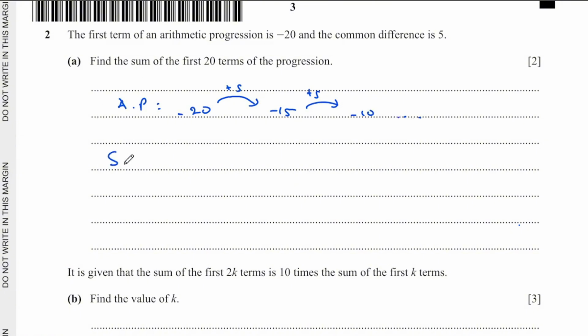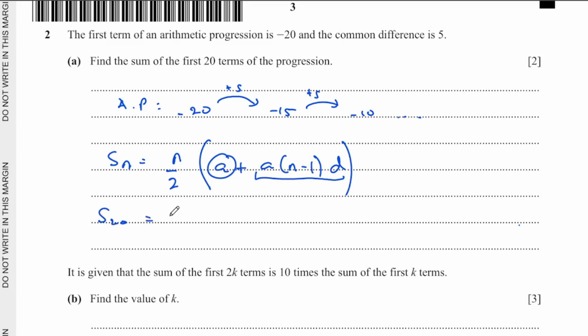Now, the sum of the first n terms equals n over 2 times a plus a plus n minus 1 d. Meaning what? The first term and the last term, or the nth term for that matter. So if you're looking at S20 equals 20 over 2, first term, which is negative 20, plus negative 20 plus n minus 1, which is just 19. Sorry, it's not times, this is plus.